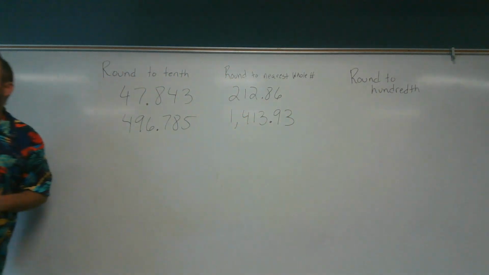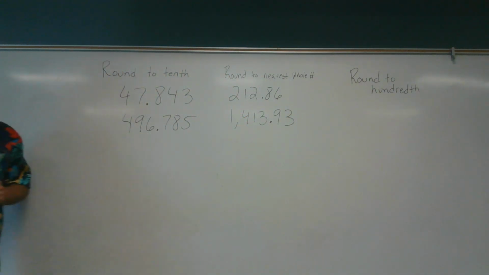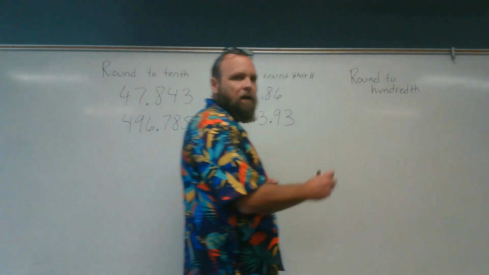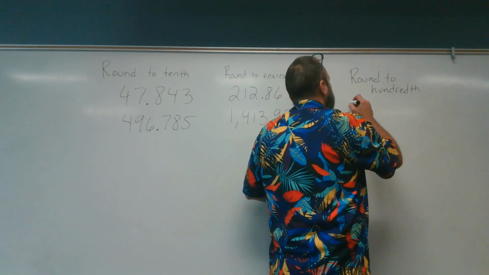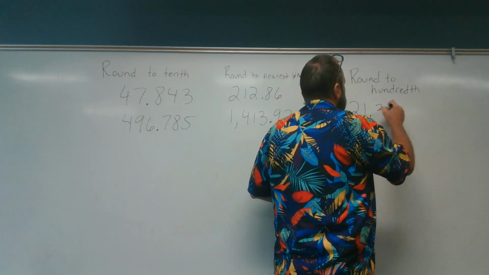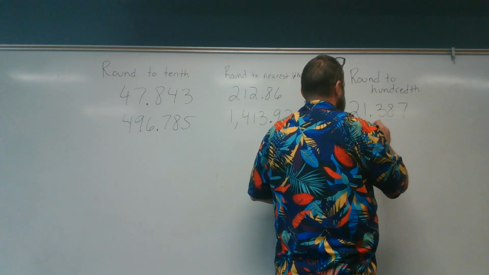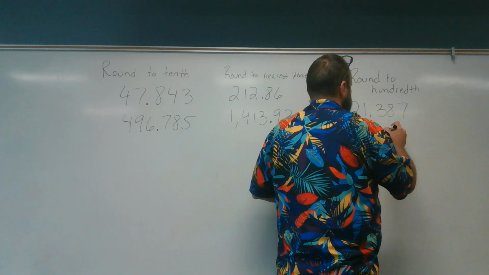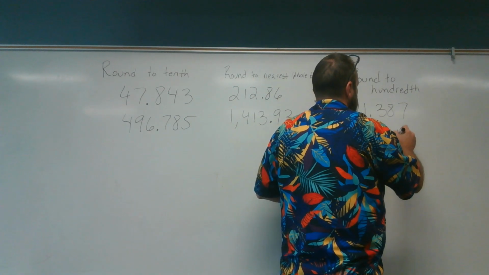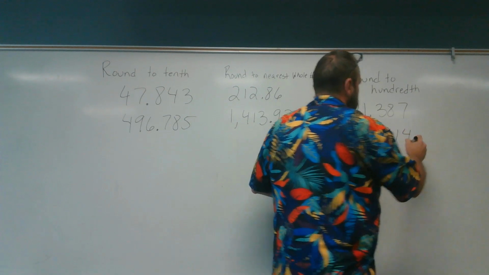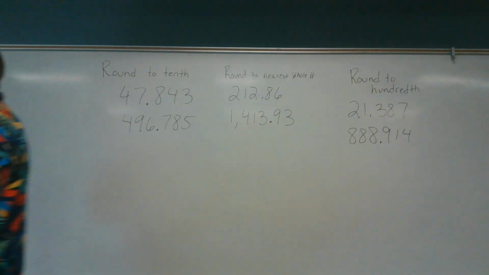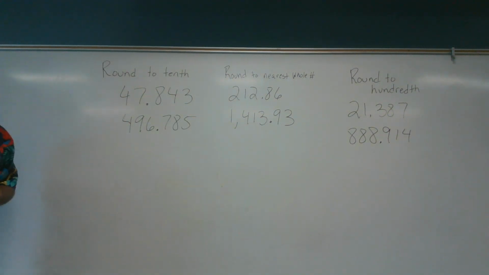You're going to take these 2 numbers and round them to the nearest whole number at home. And you're going to round those 2 numbers to the nearest hundredth.